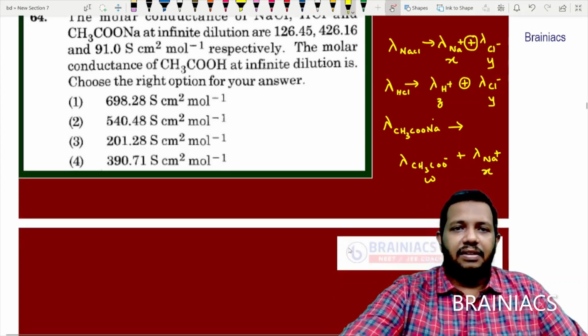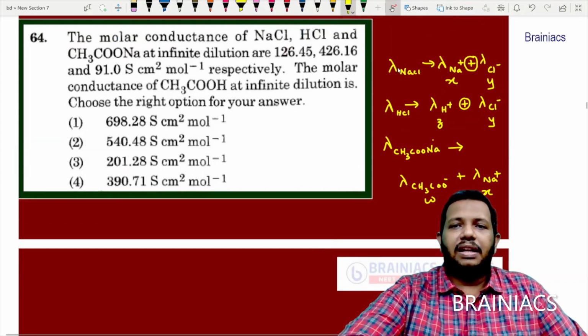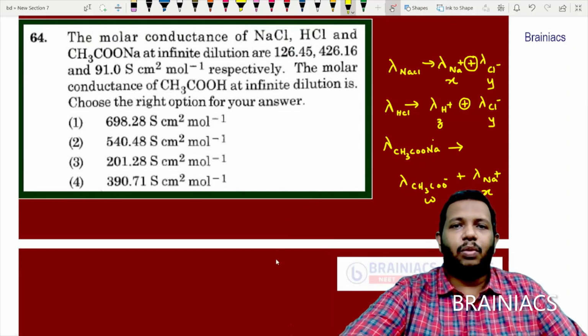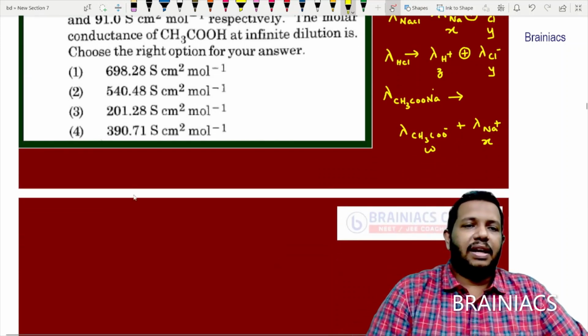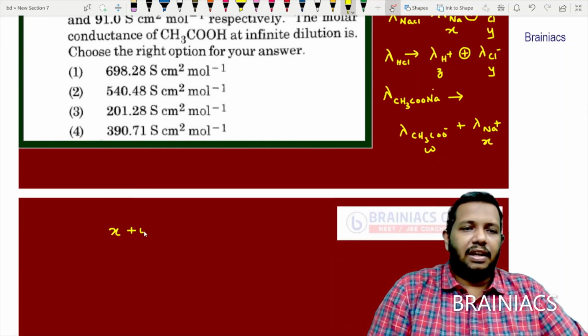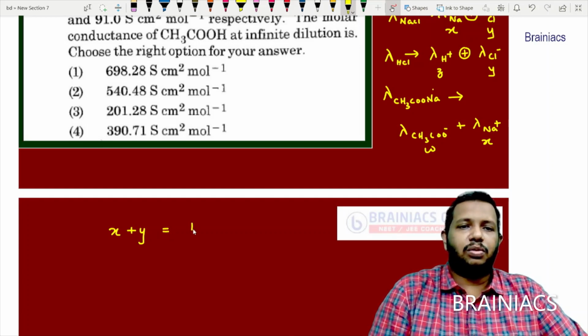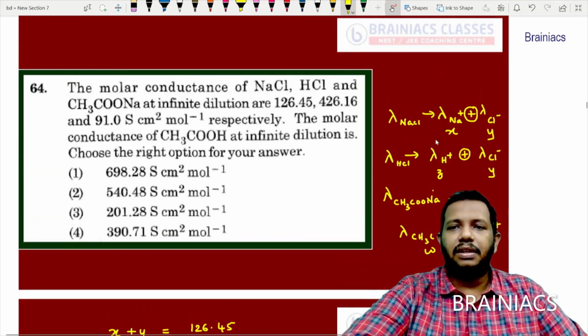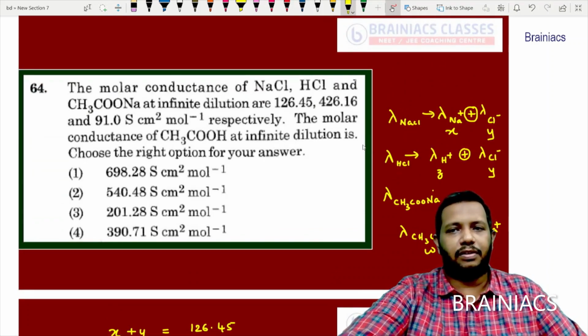Now let's write these as equations. The molar conductance of NaCl is given as 126.45, so X plus Y is equal to 126.45.